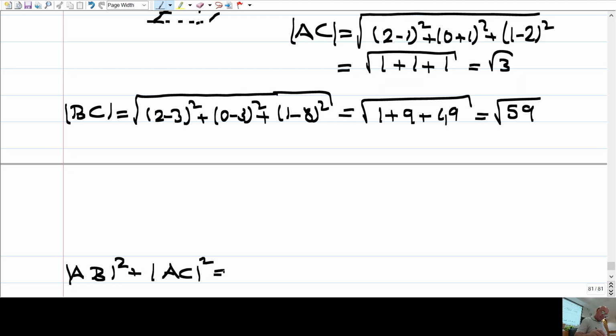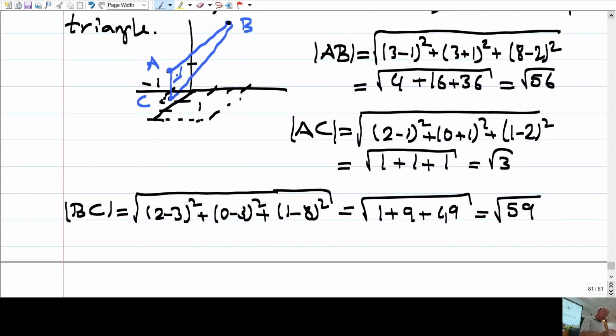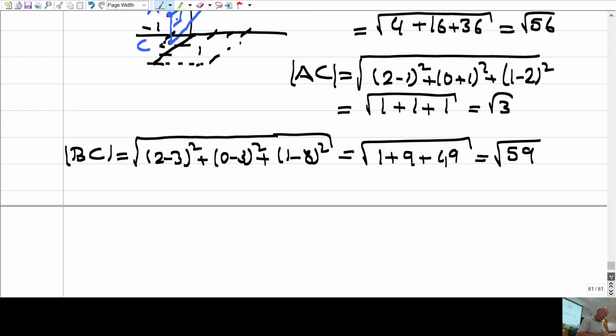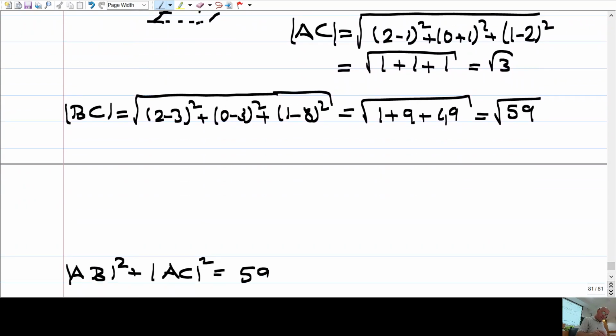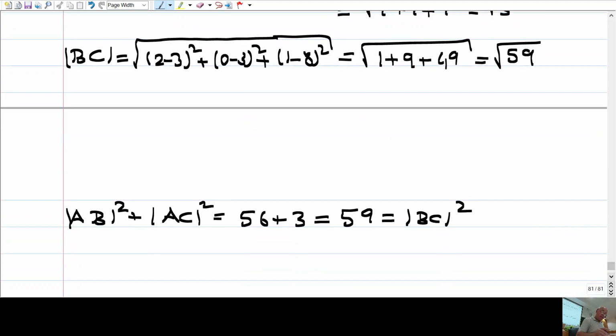This is square of AB, root 56, its square is 56. Square of this is 3, and the sum is 59, and this is BC squared, right? So the sum of squares of two sides is equal to the square of the third side.